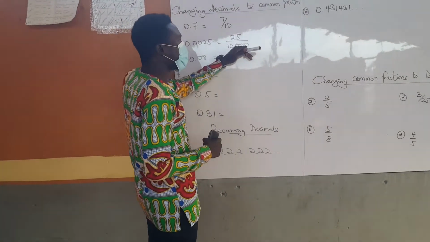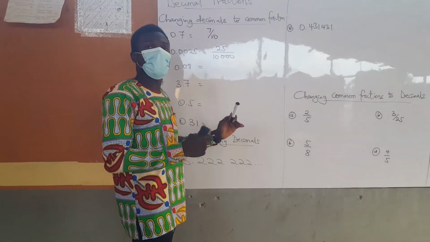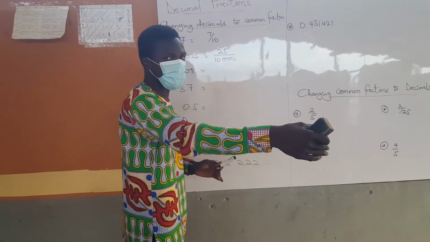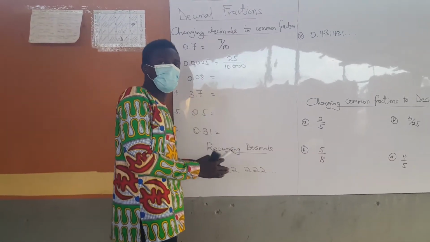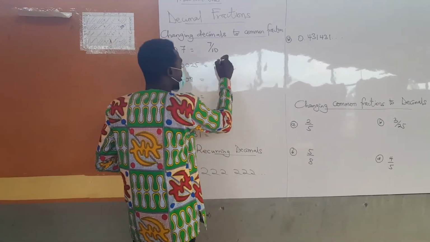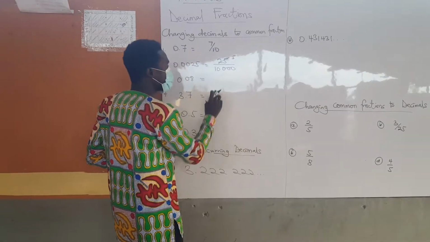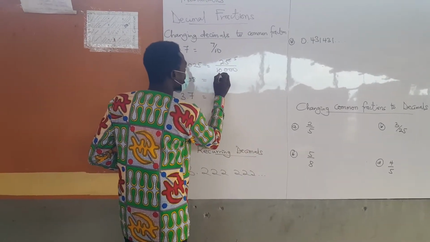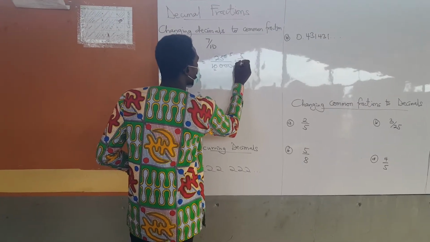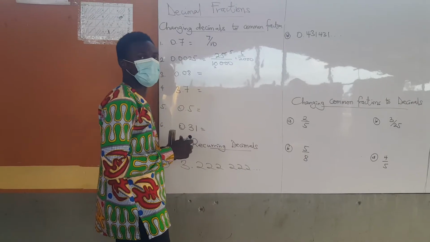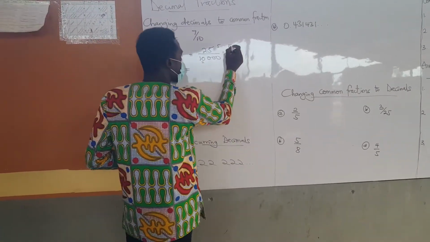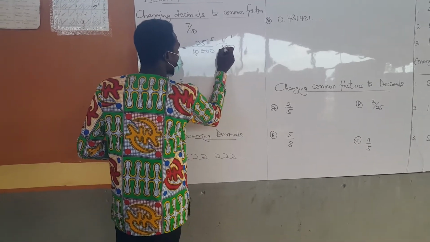Now when you look at this number, I can simplify. Because I can simplify, I have to simplify to its lowest terms. When you look at the numerator and the denominator, the number that can divide both is 5. So 5 will divide 25 5 times, and 5 will divide 10,000 2,000 times. So with this, I have 5 over 2,000. When you look at this again, 5 can still divide it. So 5 here 1, 5 here 400.